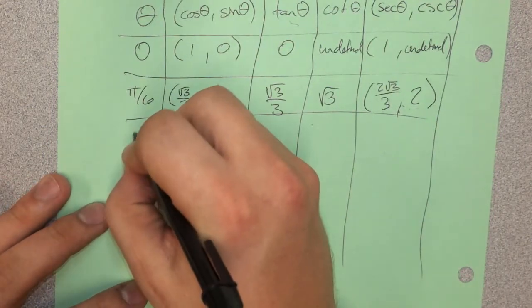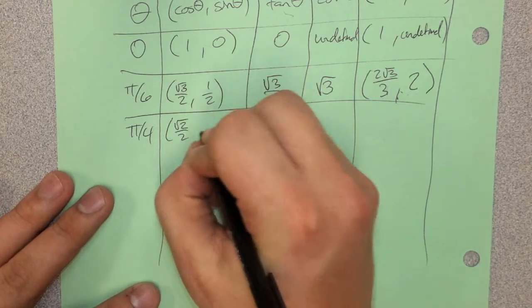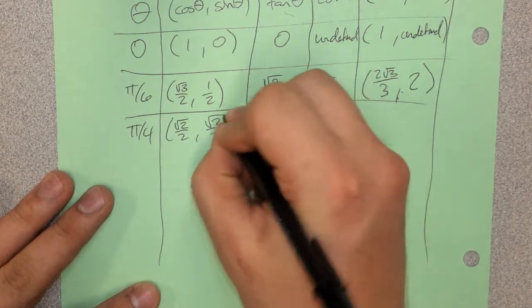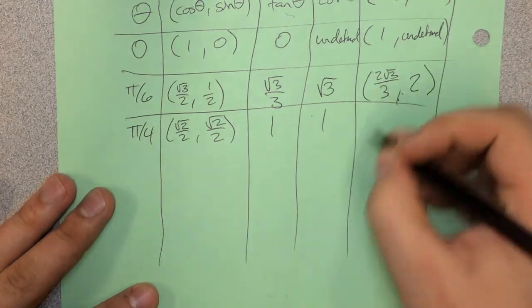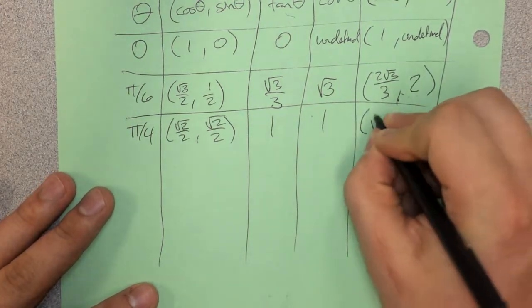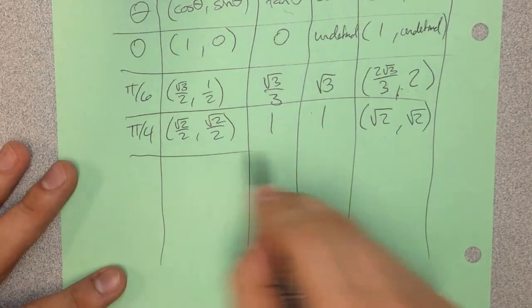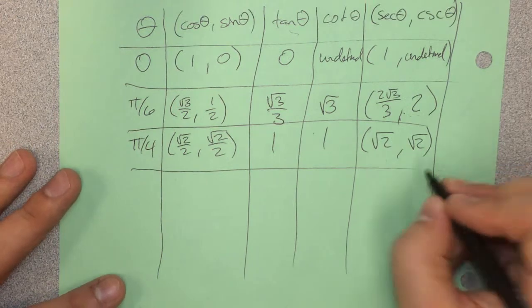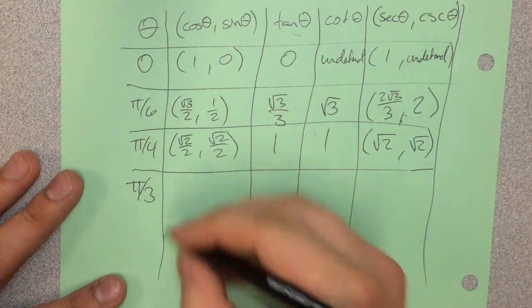Then we'd have pi over 4. Pi over 4 is root 2 over 2 and root 2 over 2. Okay, and then tangent of that is 1, cotangent's also 1, and then we get root 2 for both of these. Those are our reciprocals for those ones. So that's our pi over 4. Okay, pi over 3, two more to go here.